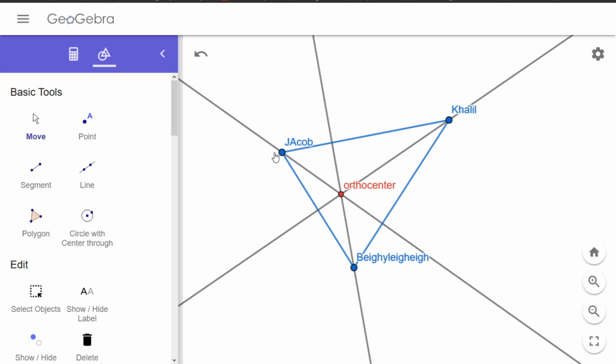Draw a 90-degree line from here that hits the other side at 90. Did it? Where are they going to intersect? Here. Now the other one: draw a 90-degree line from here that hits the other side at 90. That's that. But if two of them intersect, the third one will. So as I make this 90, watch that.